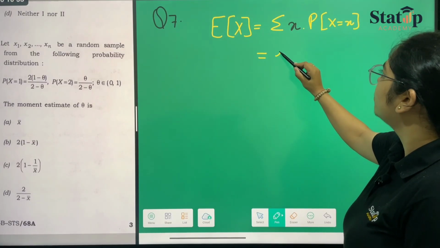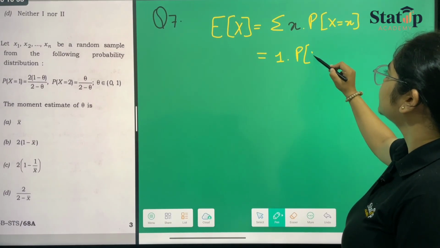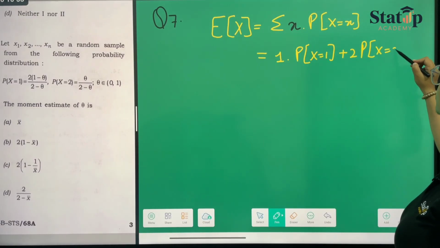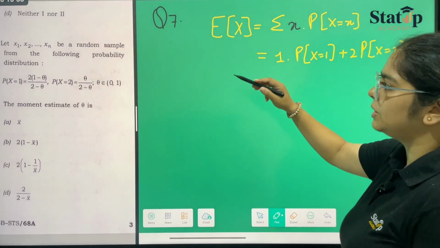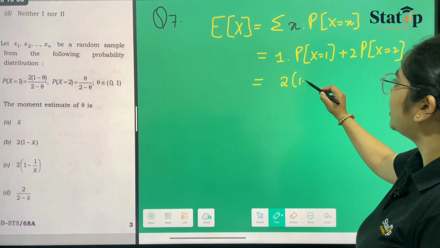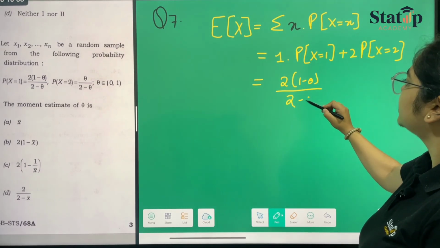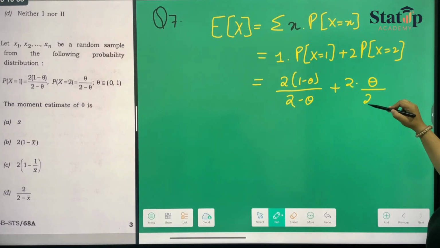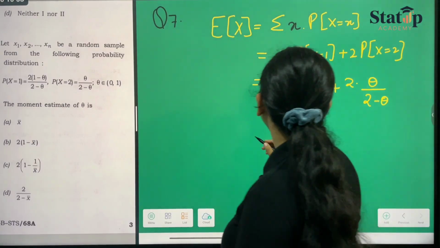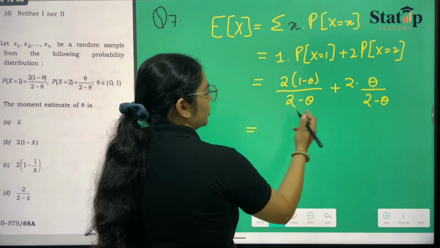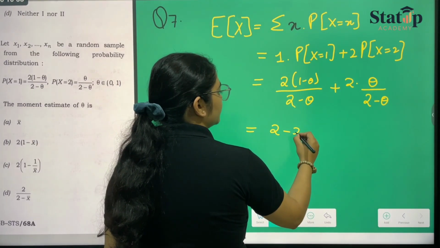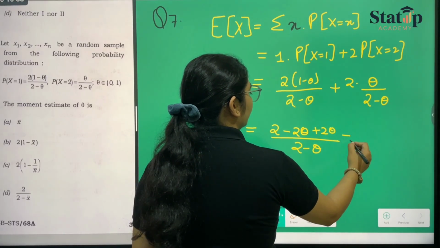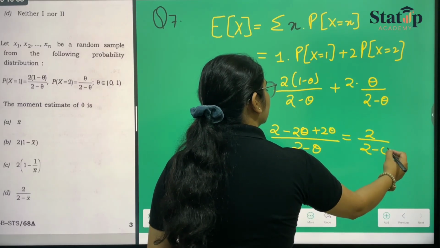So it will be 1 into probability x equals 1 plus 2 into probability x equals 2. Now putting the values, probability x equals 1 is 2(1 minus theta) upon 2 minus theta, plus 2 into theta upon 2 minus theta. Now here we can solve it because the base is the same: 2 minus 2 theta plus 2 theta upon 2 minus theta, which will be equal to 2 upon 2 minus theta.